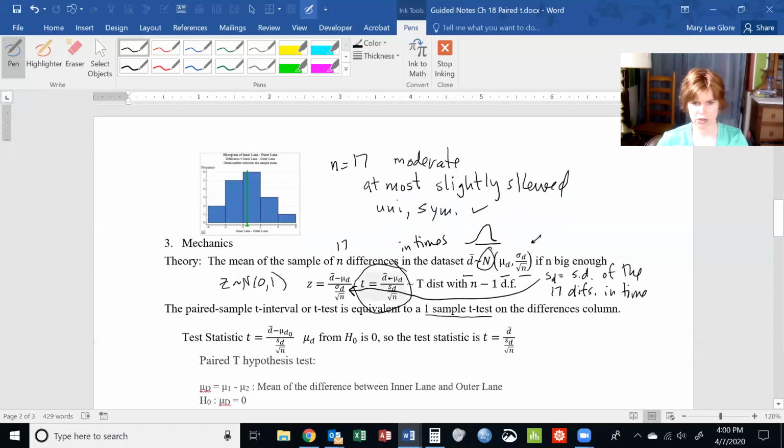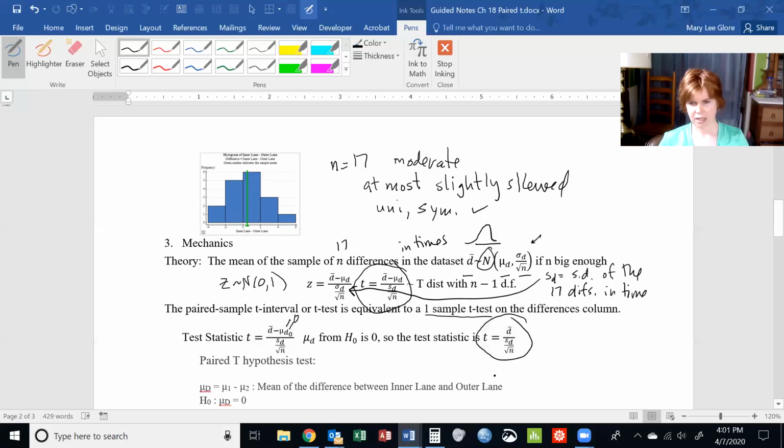We assume the null is true, so we use mu d from H0, mu sub d sub 0. That has 0, so what that leaves me with is d bar over sd over the square root of n. So here's my test statistic.